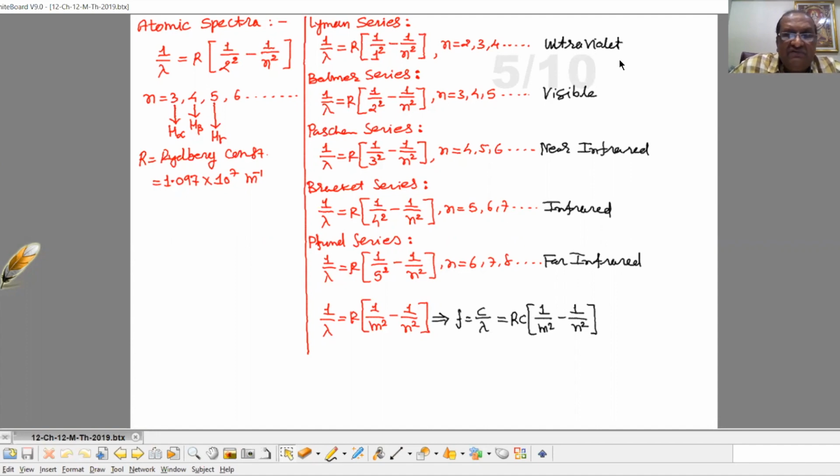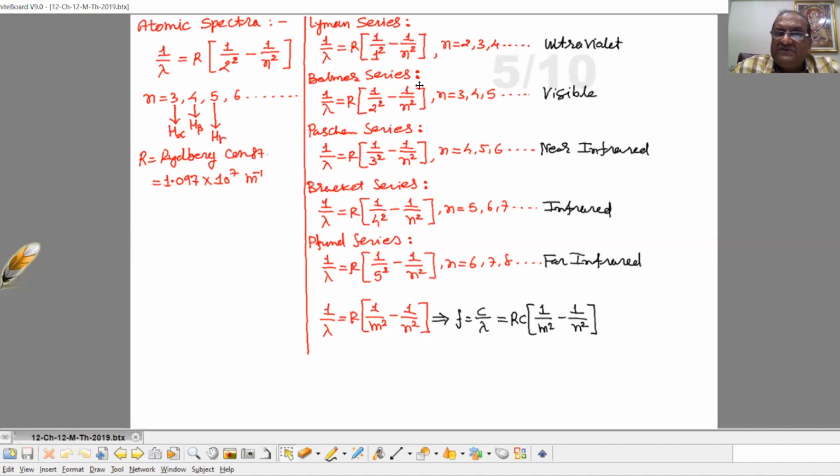Balmer series was in the visible region. All the spectral lines of Lyman series can be calculated with the common equation 1 upon lambda equals R into (1 upon 1 square minus 1 upon n square), where n equals 2, 3, 4 and so on.